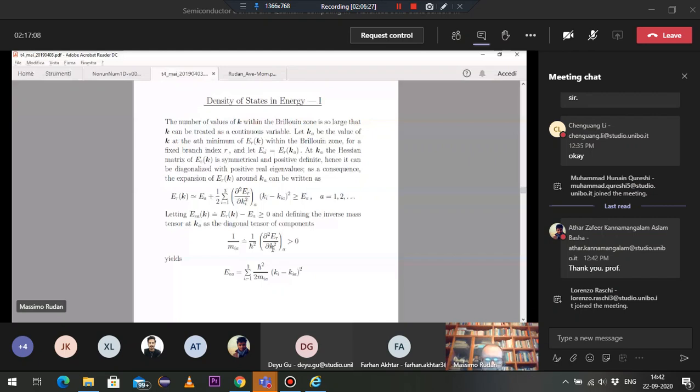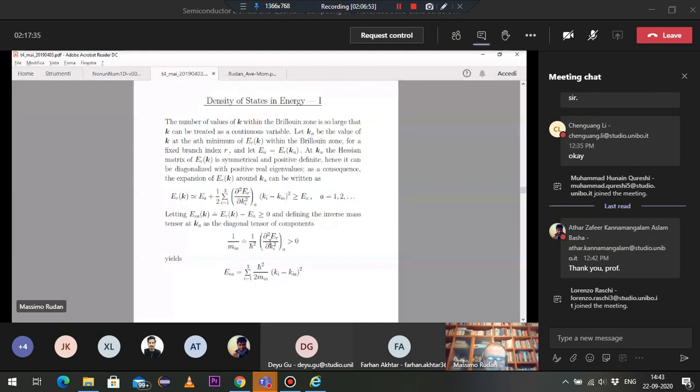you find that the second derivative of E with respect to K divided by the square of h bar has the units of the inverse of a mass. It is a positive quantity. Of course it is positive because the second derivative is calculated in the minimum.